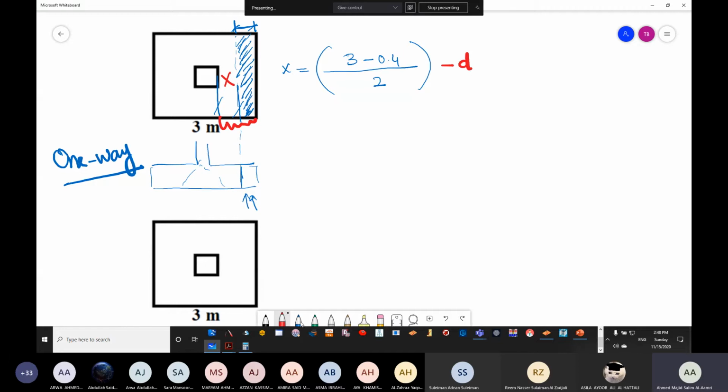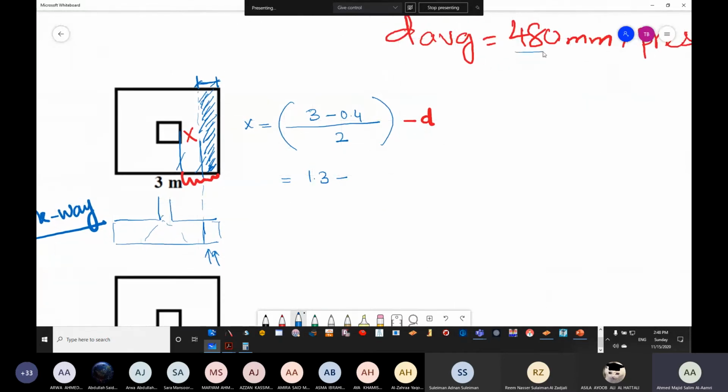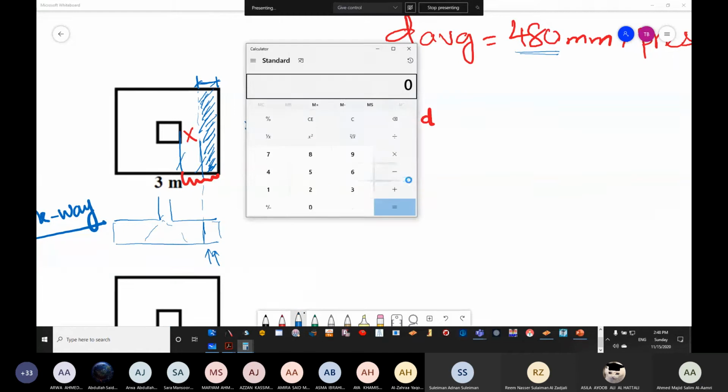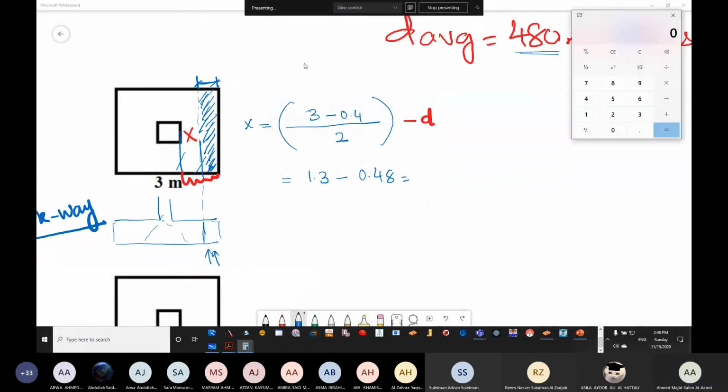So now our solution is going to go as 1.3 meter minus d, and the d average that we have is 0.48. So 1.3 minus 0.48, so we have this dimension to be 0.82 meter.